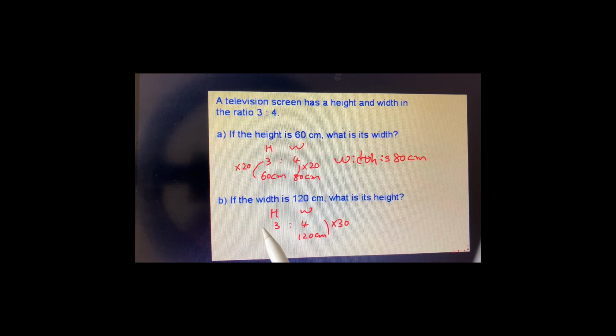And this side is the same. Multiply by 30. 3 times 30 is 90. So the height is 90 centimeters.